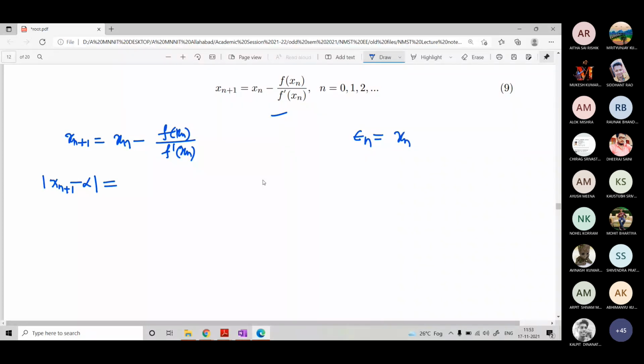The error in the nth step: xn minus alpha. Epsilon n plus 1 is the error in the n plus 1th step. This is the notation. So what is epsilon n plus 1? Tell me quickly. xn plus 1 minus alpha. Alpha is the exact root. So what is xn?